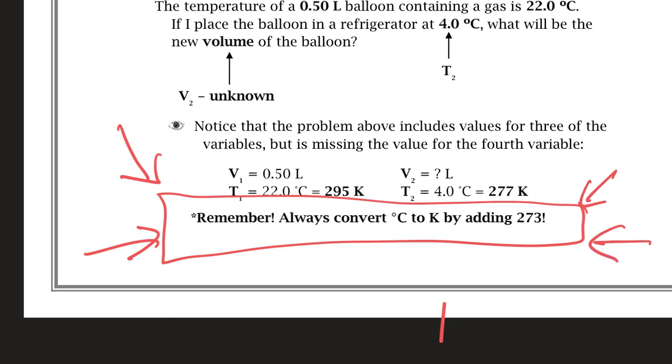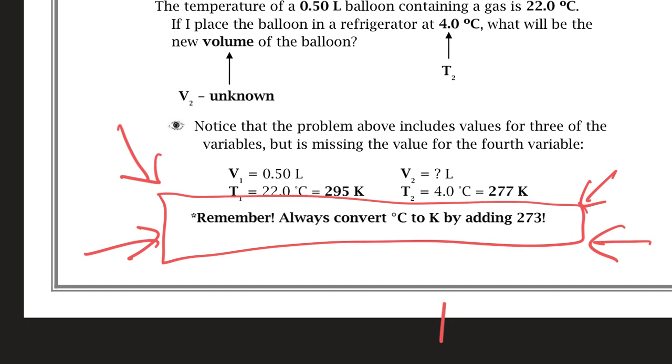Whenever you do a gas law problem, you must, you really must convert to Kelvin.